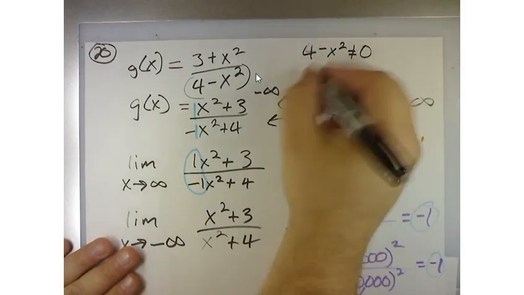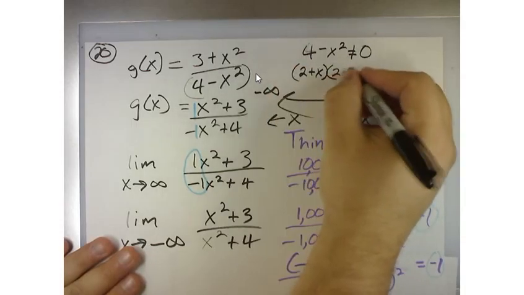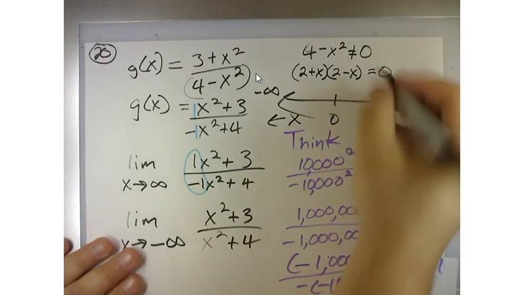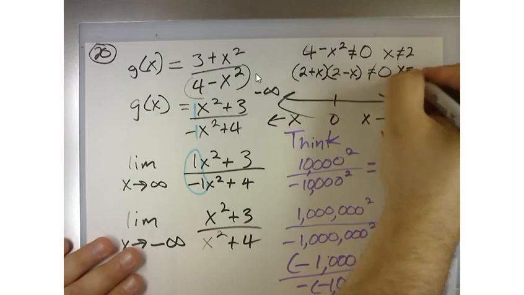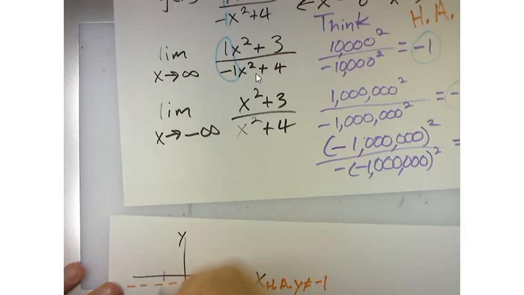If I factor this, it's 2 plus x times the quantity 2 minus x, and that cannot equal 0. If I solve both of those for 0, we get x cannot equal 2 and x cannot equal negative 2. So when I come in here at x equals negative 2 and x equals positive 2, I now have vertical asymptotes.